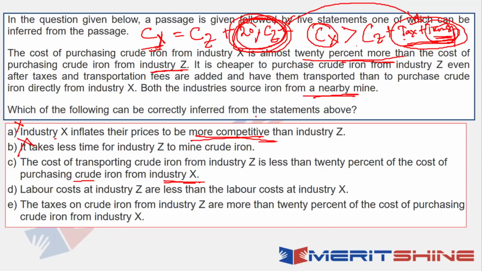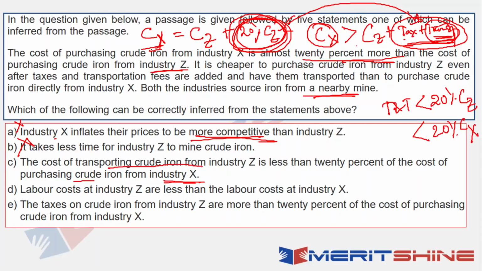Okay, right? If tax and transportation is definitely less than 20% of the cost of crude iron from Z, it is also going to be definitely less than the cost of crude iron from X. And what does the option say?